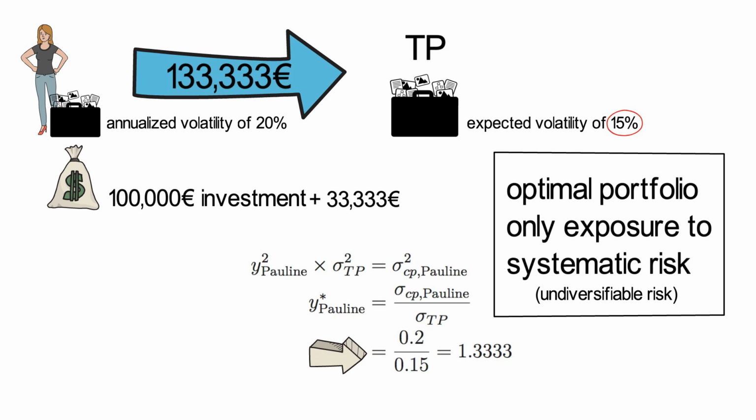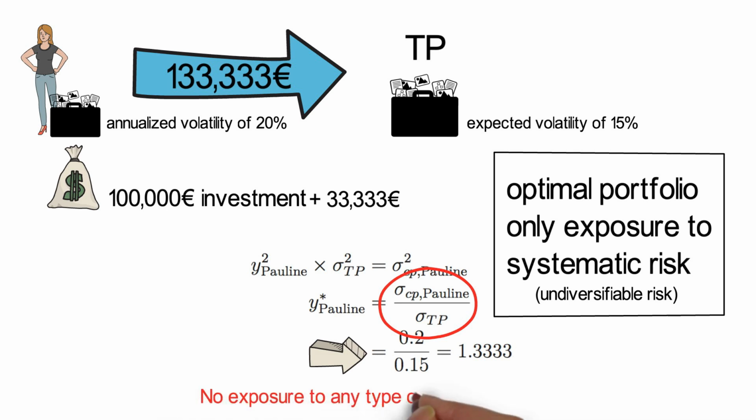The ratio sigma CP over sigma TP quantifies the optimal amount of leverage that is going to be applied to the systematic risk of the TP portfolio. So Pauline and any other employee of Daimler will therefore not be exposed to any type of asset-specific risk.